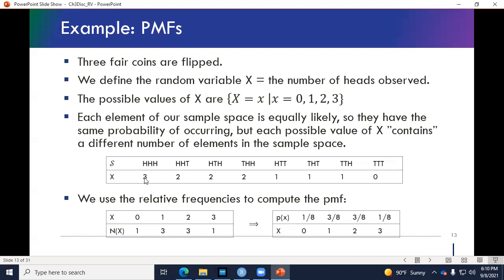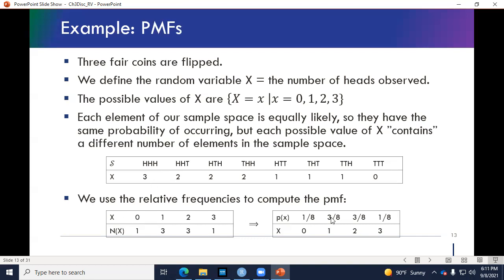So this 3 means 3 heads observed, and this is 2, you have 2 heads, and also 2, and this also 2, then 1, 1, and this one, if it's all tails, then no head, that's 0. And we know these outcomes are equally likely because you have fair coins and you toss them, so you can get any of them with equal probability.